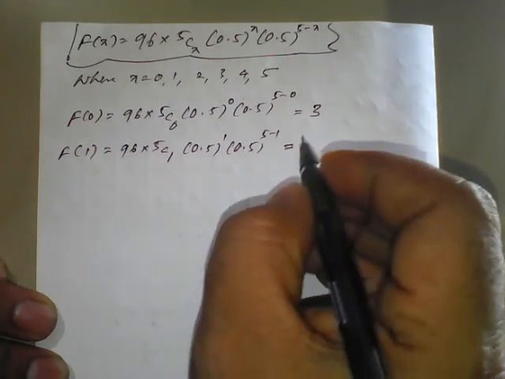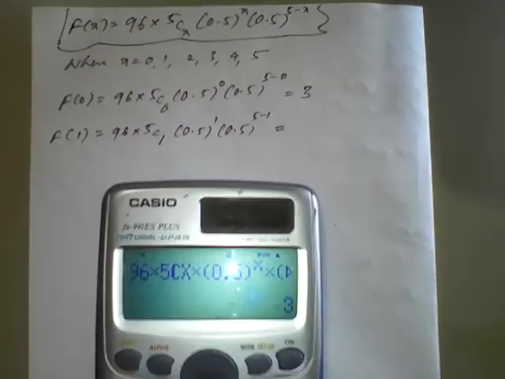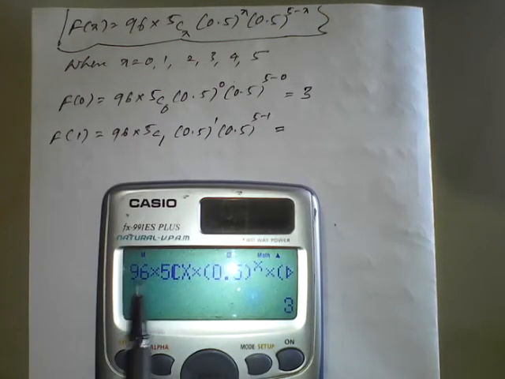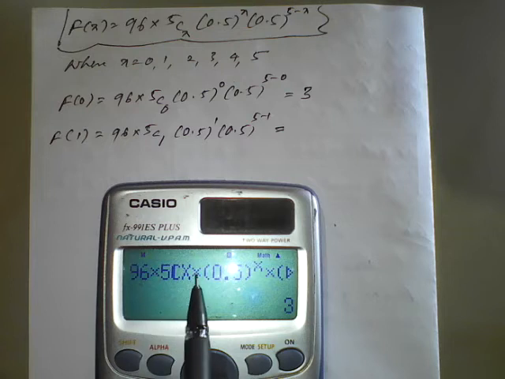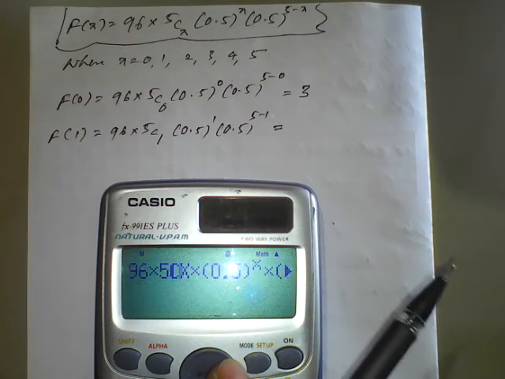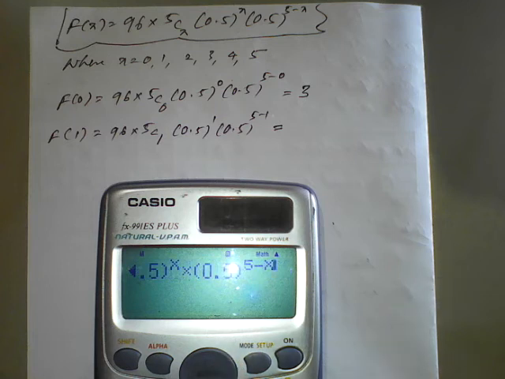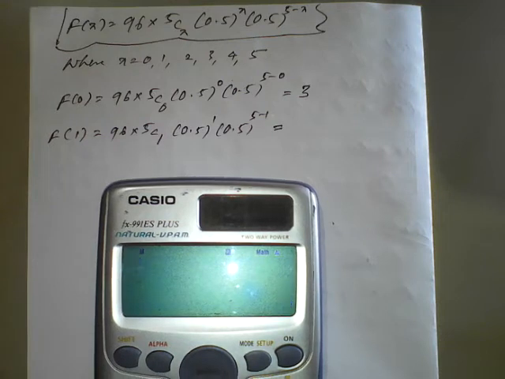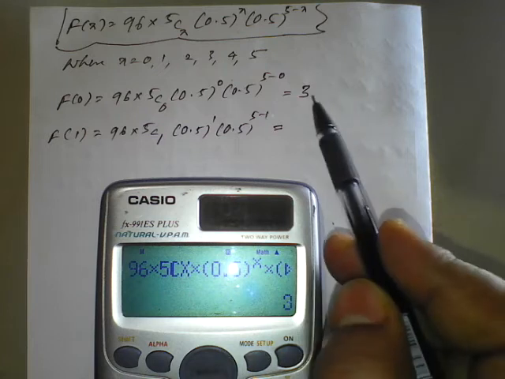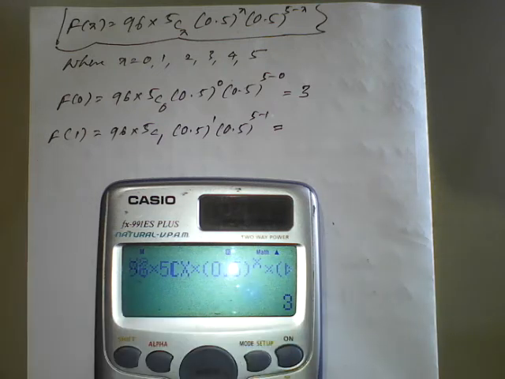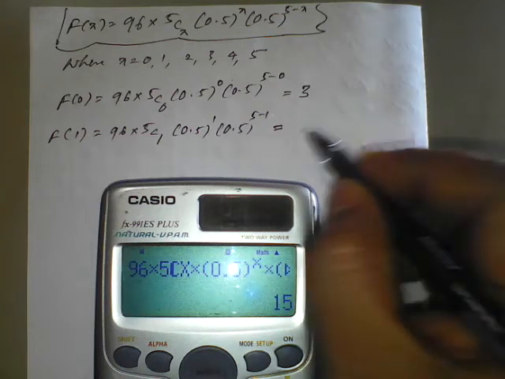Prepare a formula in the calculator: 96 into 5Cx into 0.5 raised to x into 0.5 raised to 5 minus x. Then use the calc option and replace the value of x. When x is 0, the answer is 3. When x is 1, the answer is 15. So mention here 15.